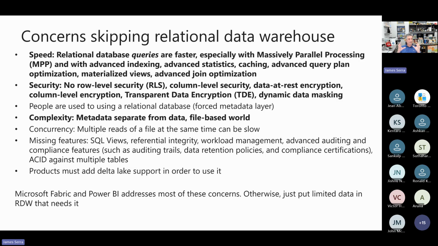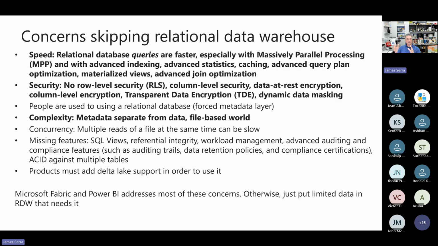None of those exist in the data lake or a Delta lake. And so a Delta lake is never going to be as fast as a relational data warehouse. But then it becomes: is it fast enough? With Delta Lake having a lot of improvements, you can get pretty close to the speed.